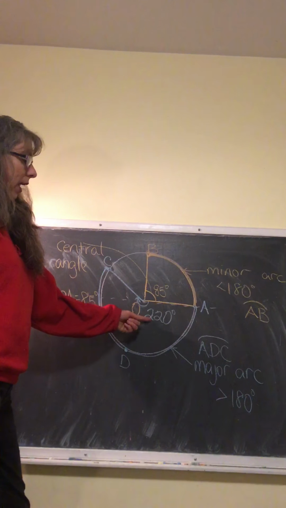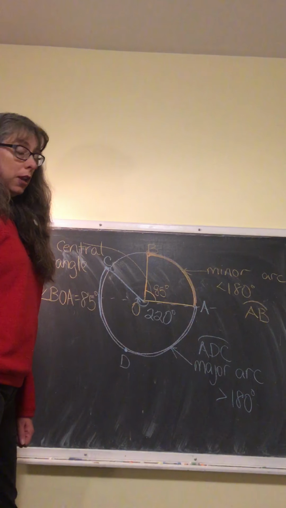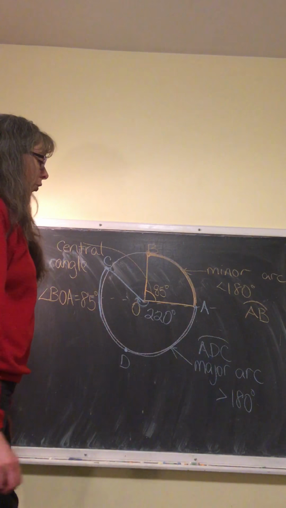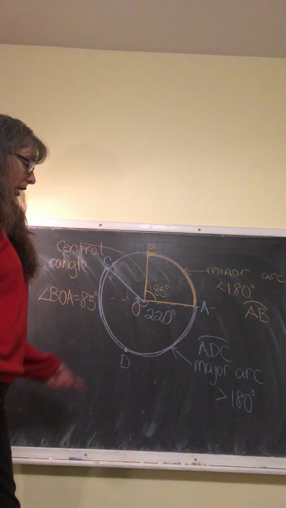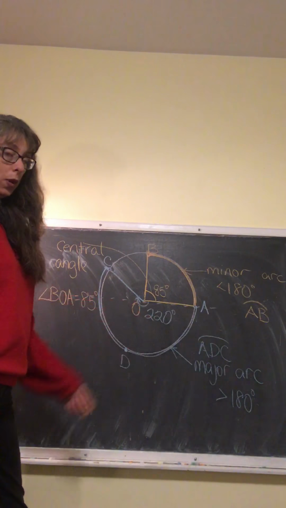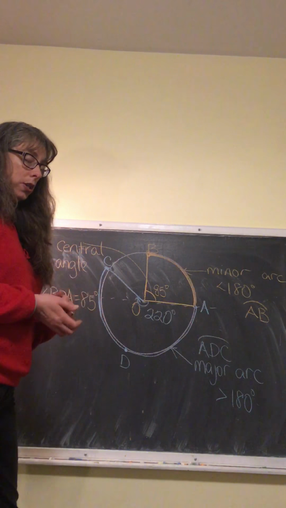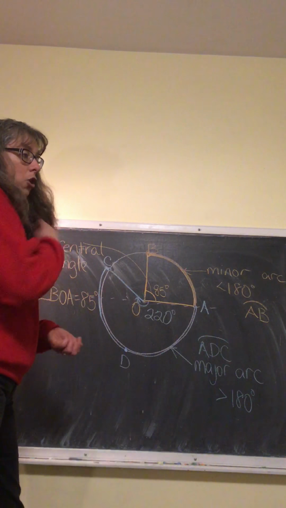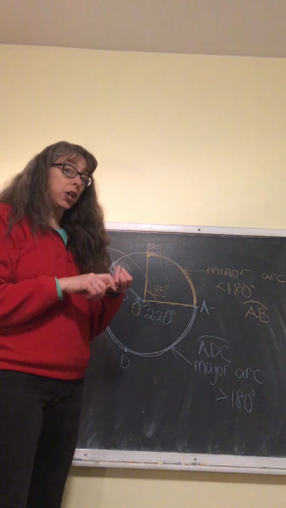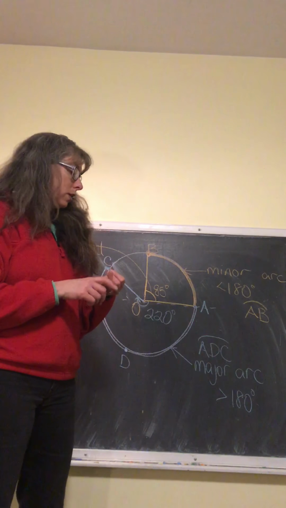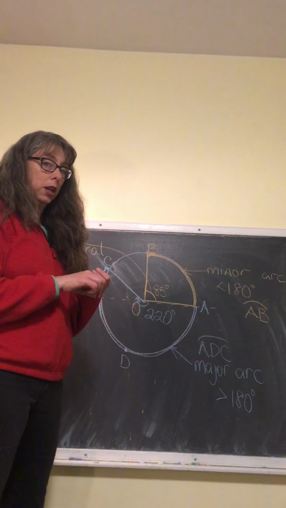Now when you have an angle that's greater than 180 degrees, that is called a reflex angle. And so this 220 degree angle is a reflex angle, and all major arcs then have reflex angles. So we've talked before about acute angles, they're less than 90 degrees. Right angles equal 90 degrees.